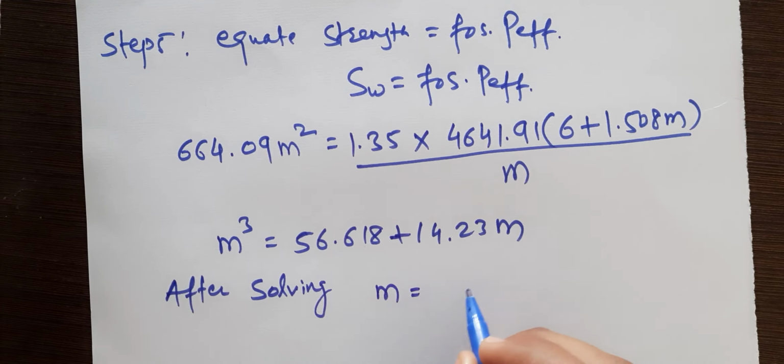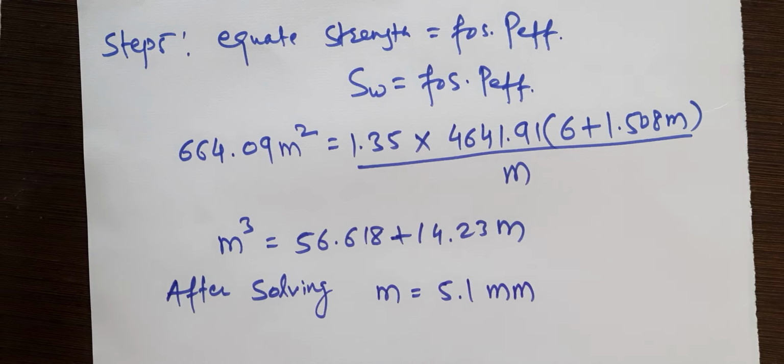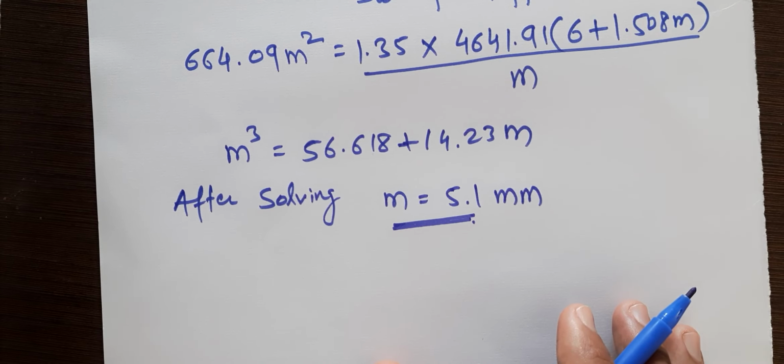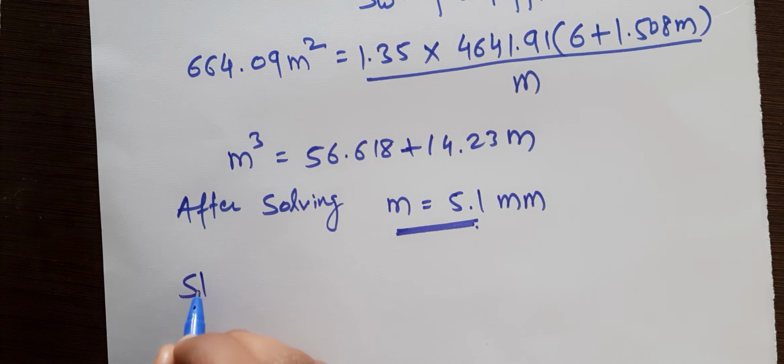So module is equal to, after solving with the help of calculator, 5.1 mm. Now after getting the value of module, you need to select the next standard value of module.